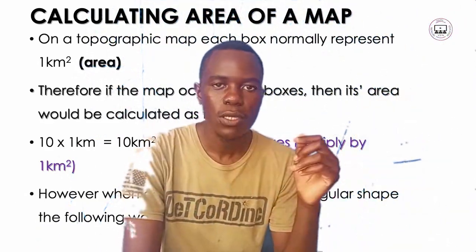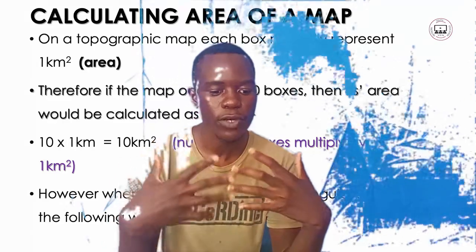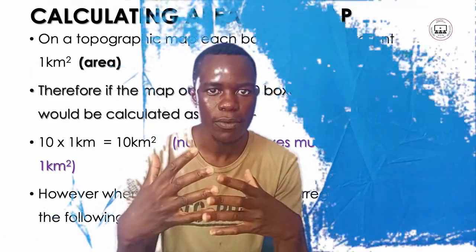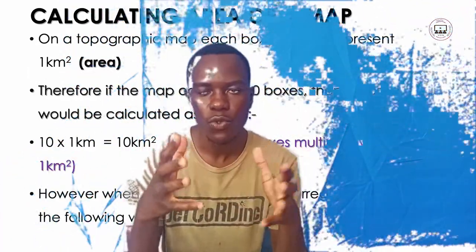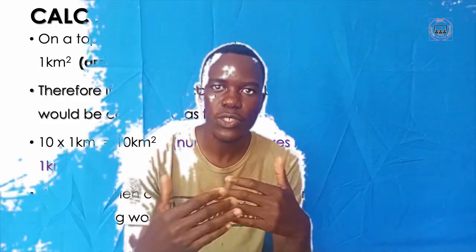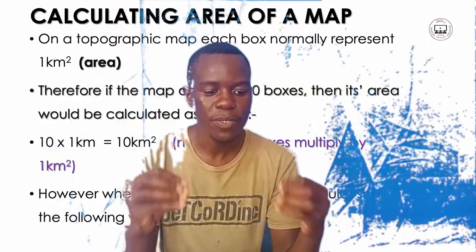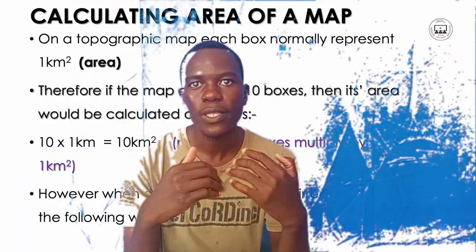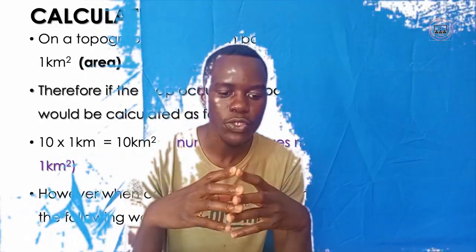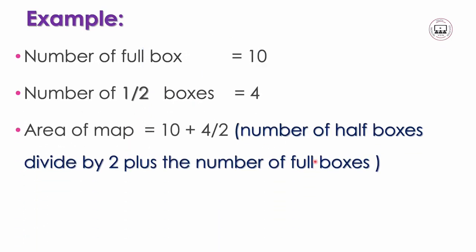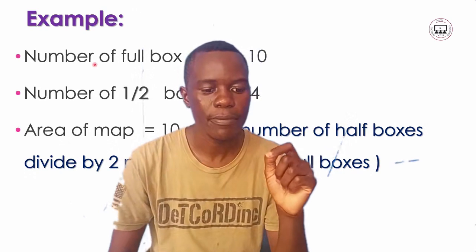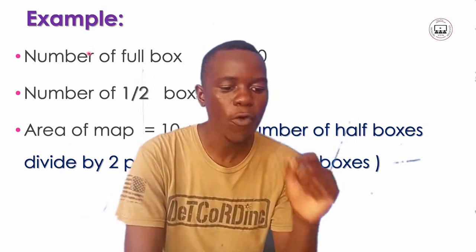But sometimes you might not always have regular shapes on the map, so there may be some irregular shapes. You can still calculate the area of an irregular shape on the map. So the question is, how can we do this? You can calculate the area of an irregular shape by counting the number of full boxes.